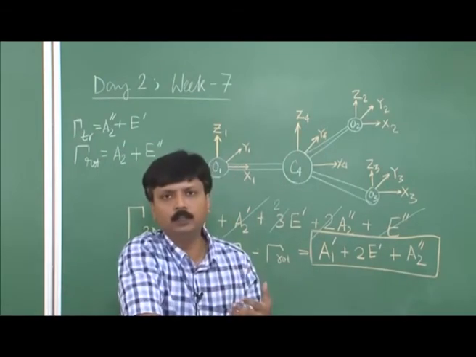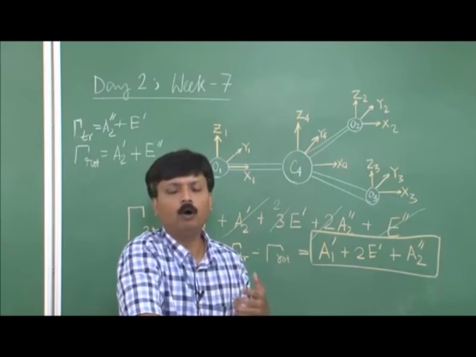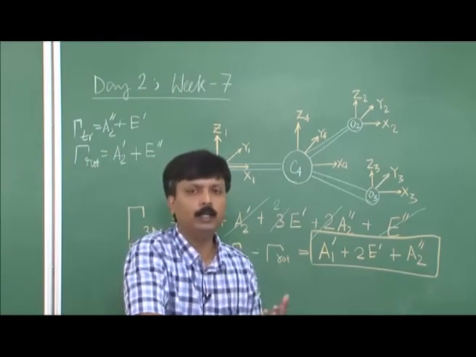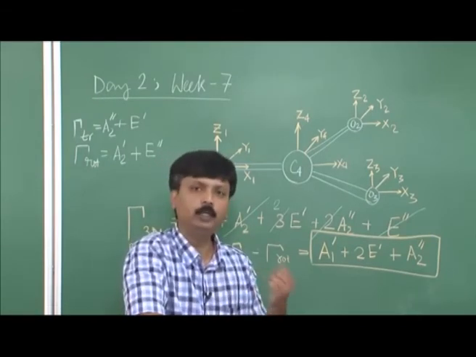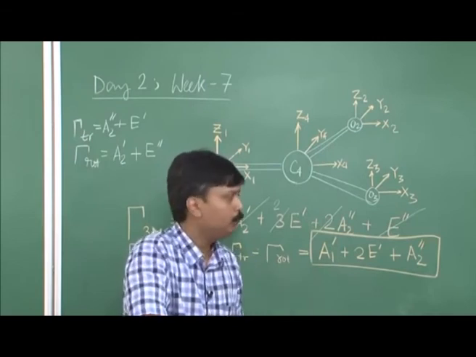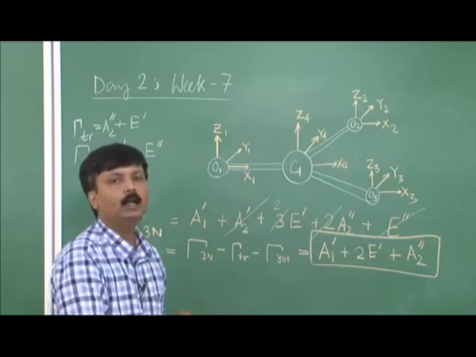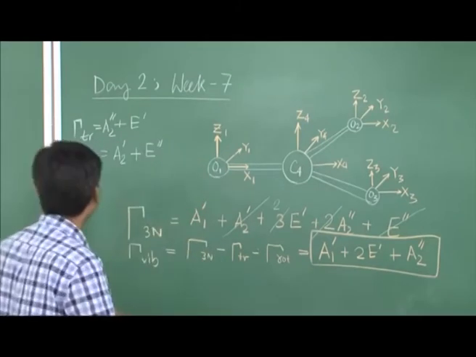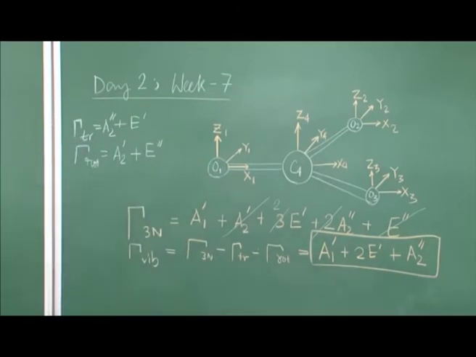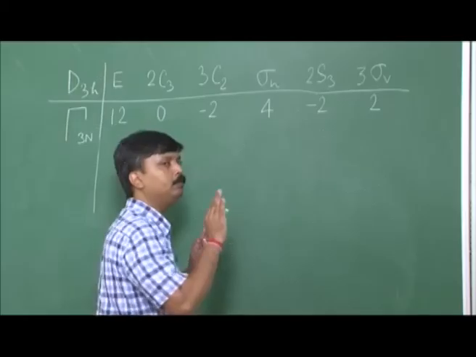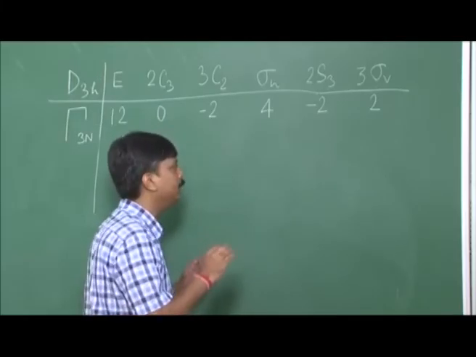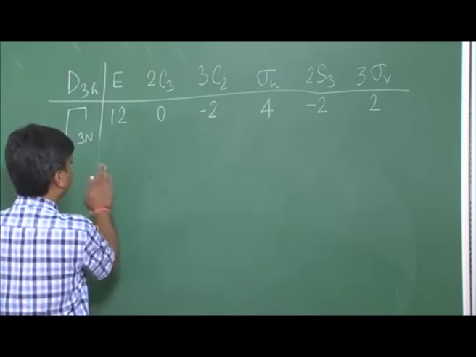Now which one you consider first, or which one you consider later, there is no hard and fast rule. You can start with any one of them. So for example, if I start with these CO bonds, then we can form a representation where my number of basis functions is 3.